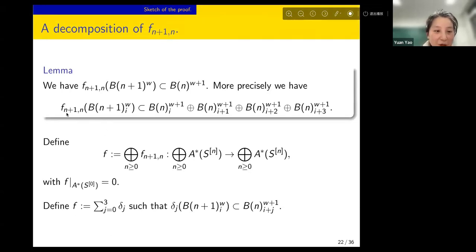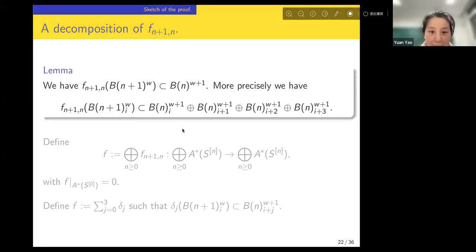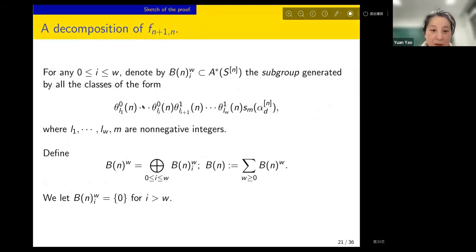Now we get back to our F. Recall that F is defined by pullback and then push forward. We show that you have this relation, and you only get theta 0 and theta 1 involved, no theta upper 2. Once you do F one time, you increase the number of all the thetas.